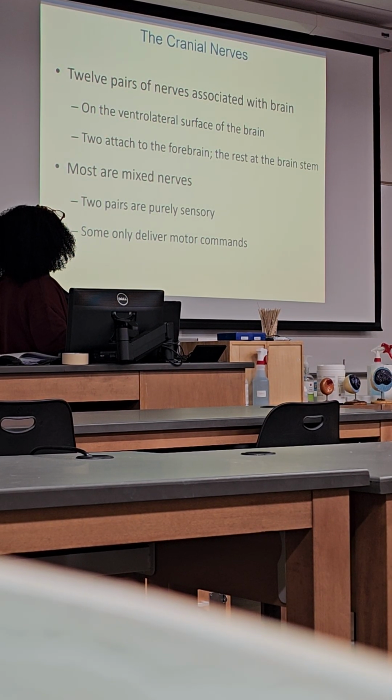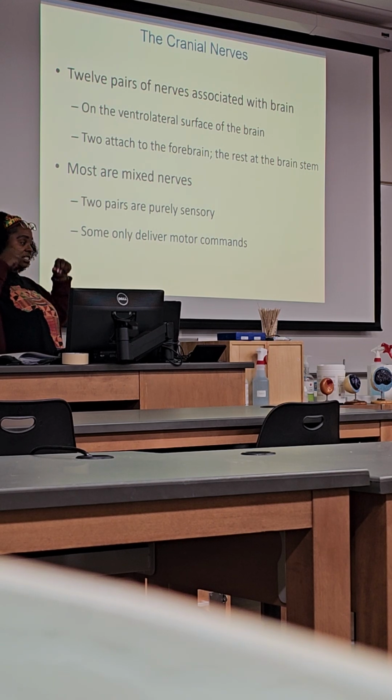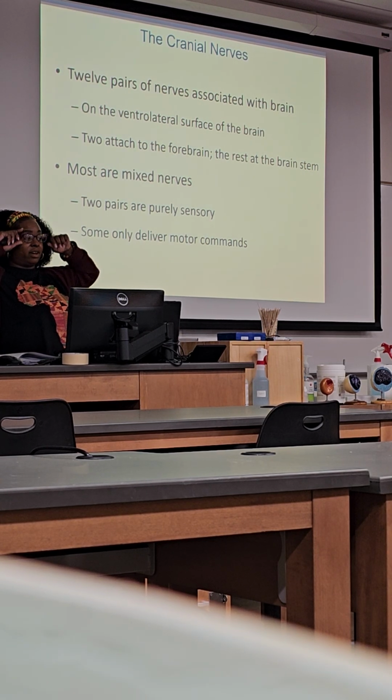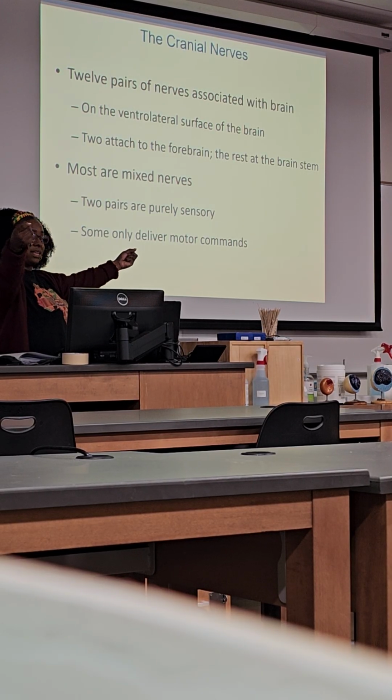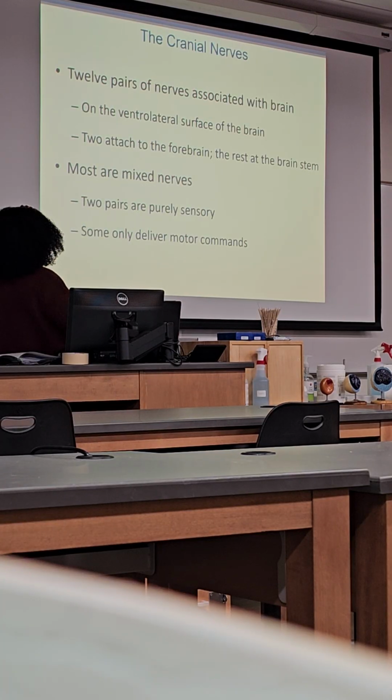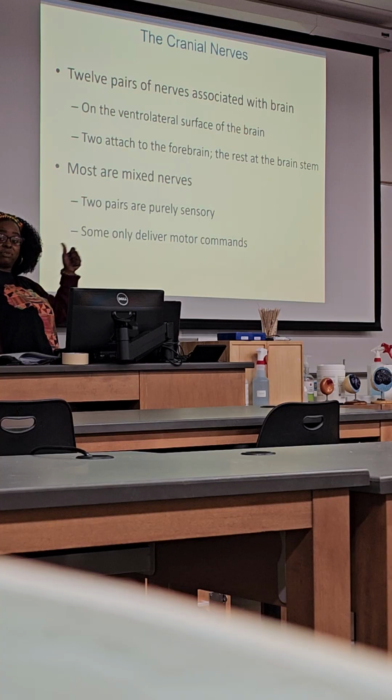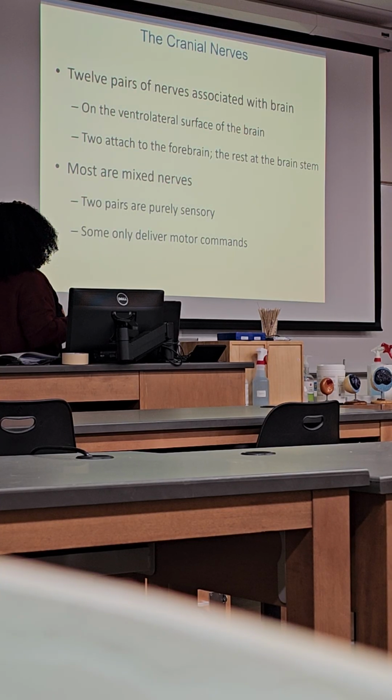That's where we find the majority of their nuclei, where the cell bodies of the neurons that make these cranial nerves are located. Then their axons go out as the nerves that will travel to innervate muscles or to bring in sensory information from around the body.